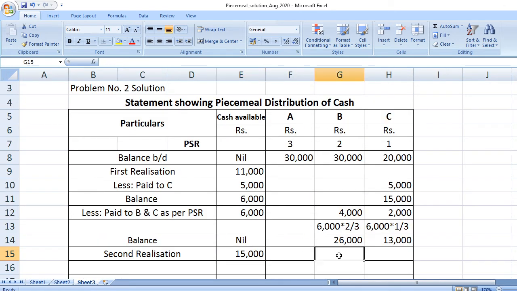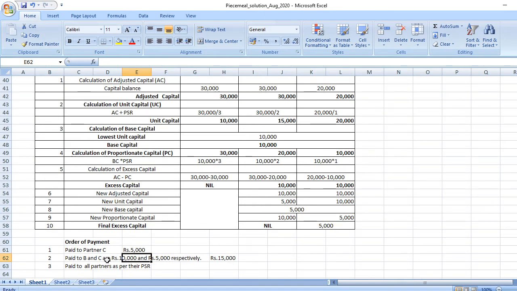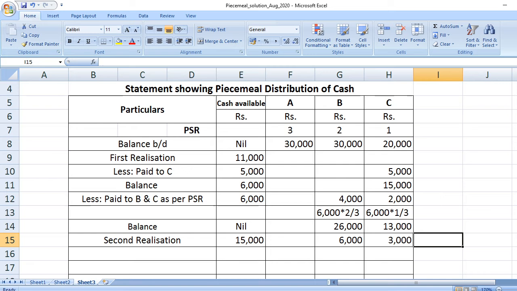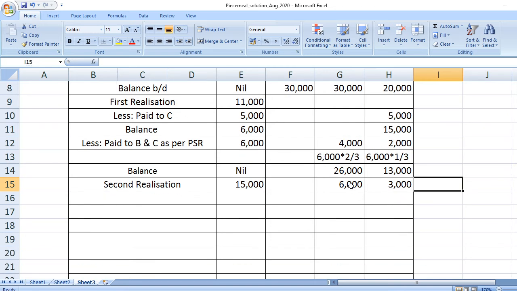The rest of the 6,000 we have to pay right now. And from this 5,000 of C we already paid only 2,000. It means 3,000 now we have to pay, because this 9,000 amount we can easily pay from this second realization.